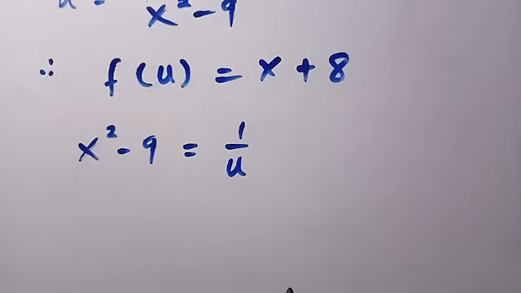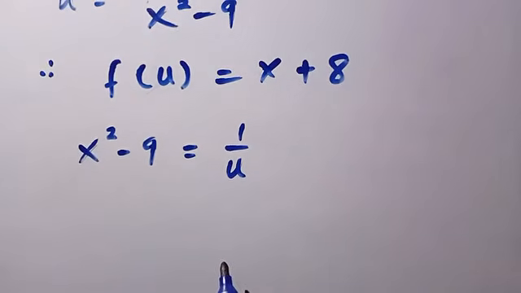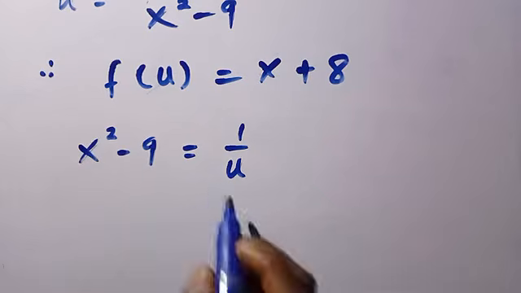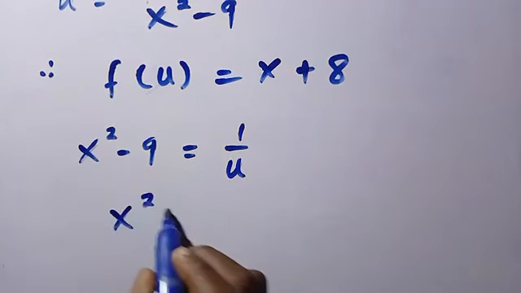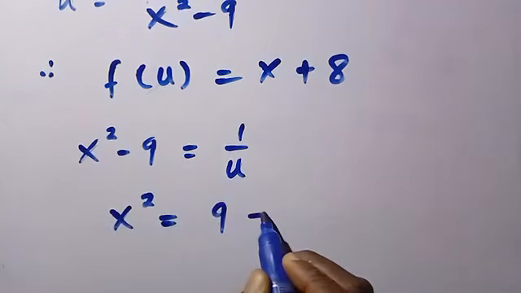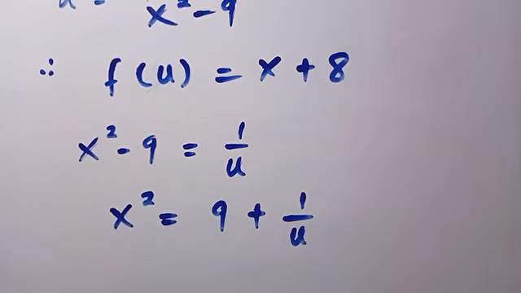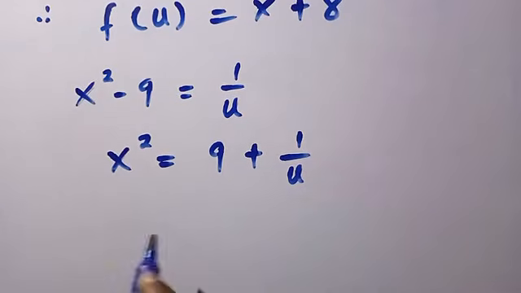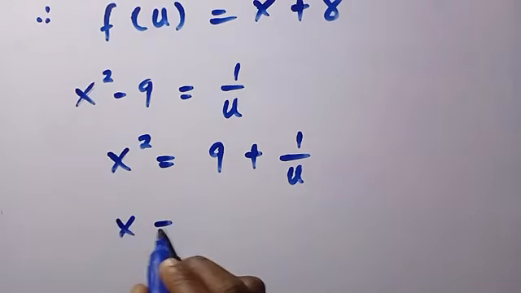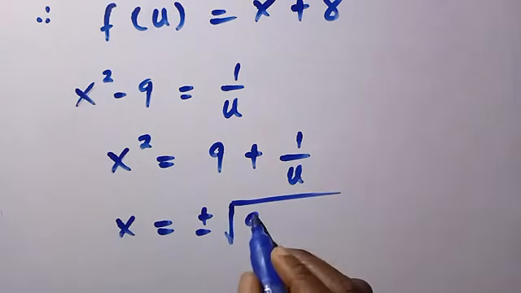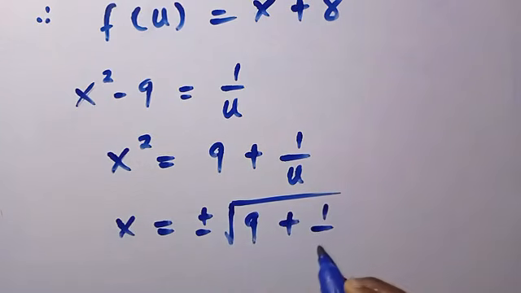So let's add 9 to both sides. Adding 9 to both sides, we have x squared equals 9 plus 1 divided by u. And we take the square root of both sides. Taking the square root of both sides, we have x equals plus or minus the square root of 9 plus 1 divided by u.